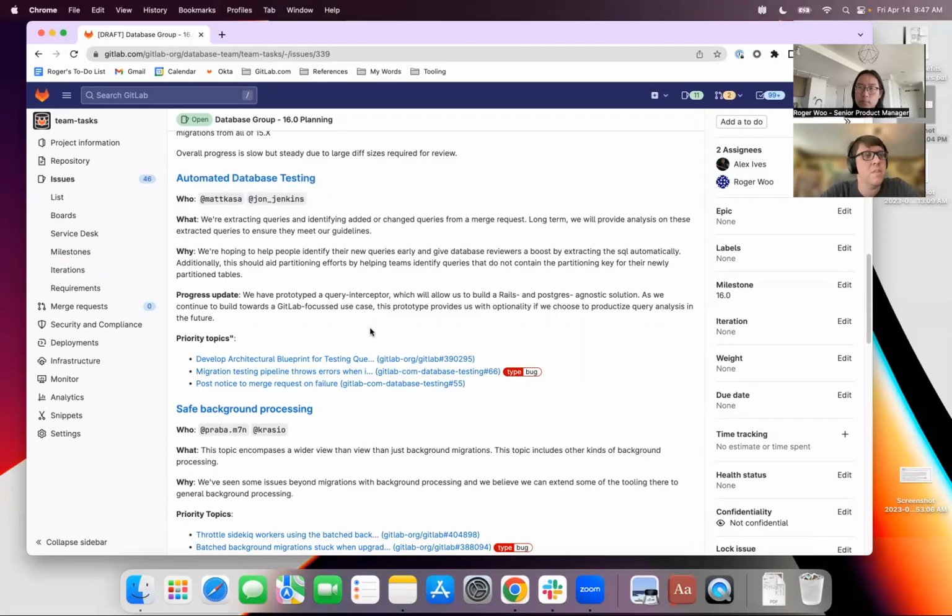And then we'll be able to start hooking it up to the backend systems that are being designed as a part of the architectural blueprint that's been ongoing. So I don't know that we'll actually start implementing the blueprint in 16 or not, but we're hoping to make some big strides there.